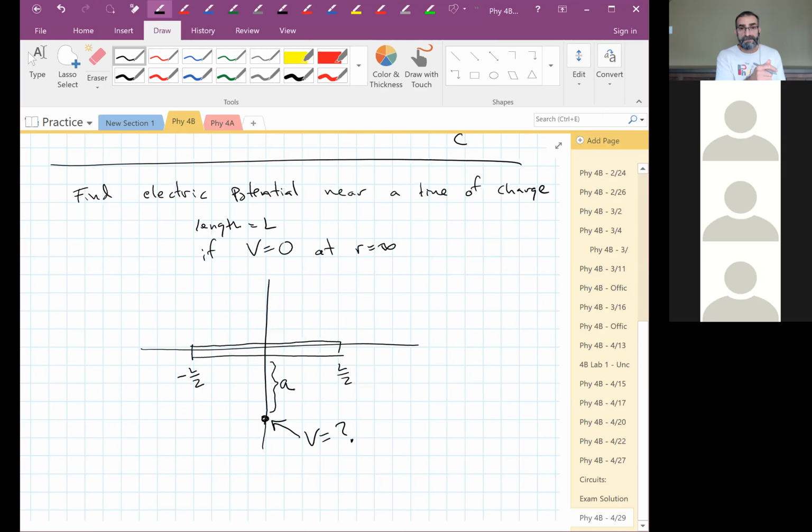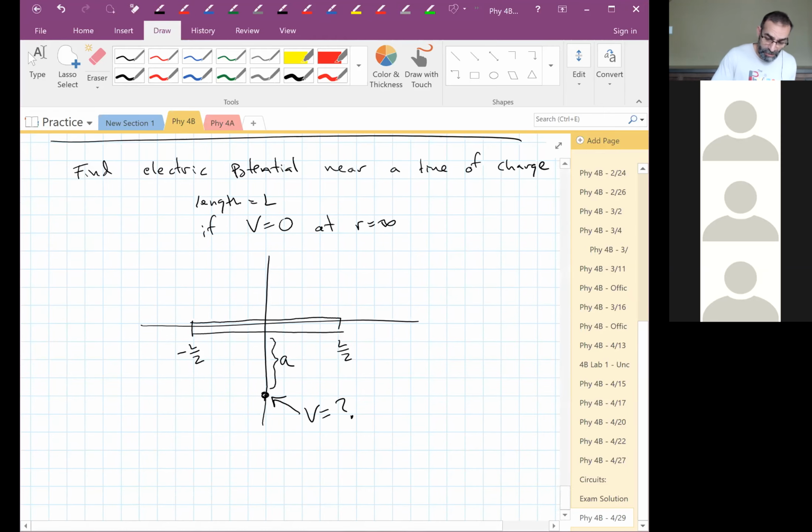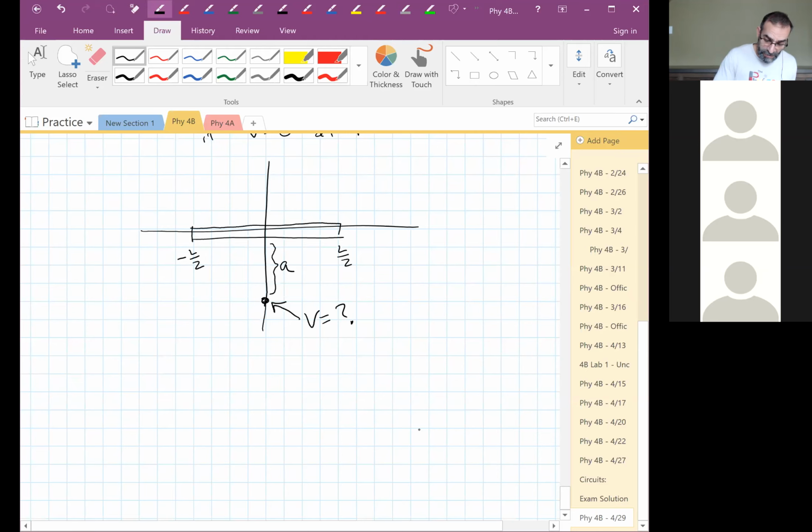So if you have a battery here, this is a symbol for a battery, right? And this is a 5-volt battery. The bottom of that battery is 5 volts lower than the top. The long line is the high voltage side. So whatever this is, if this is 0 volts, call it whatever you want, then this is going to be 5 volts.